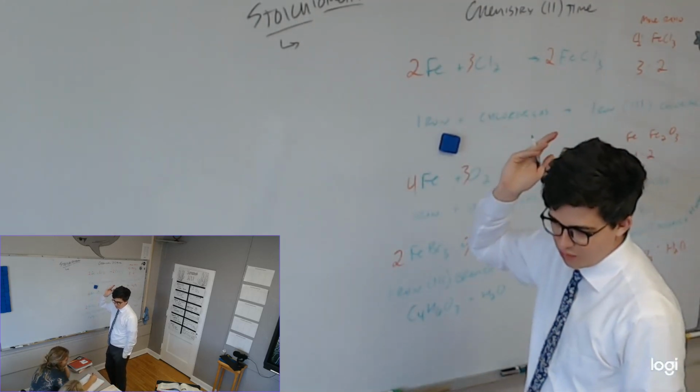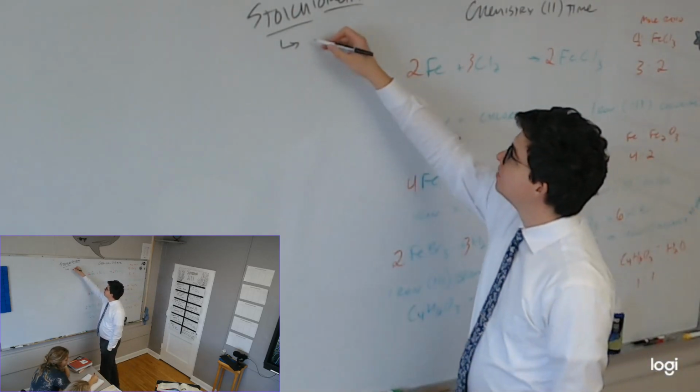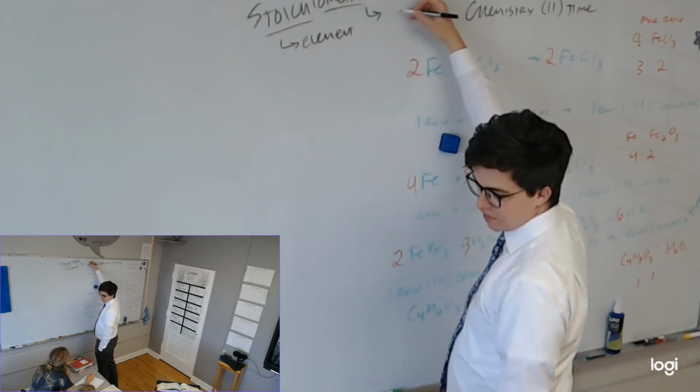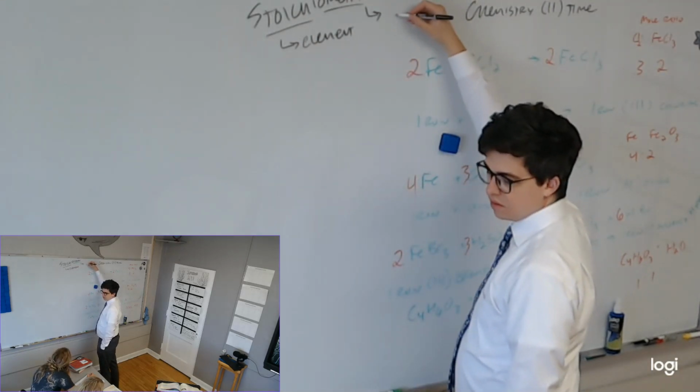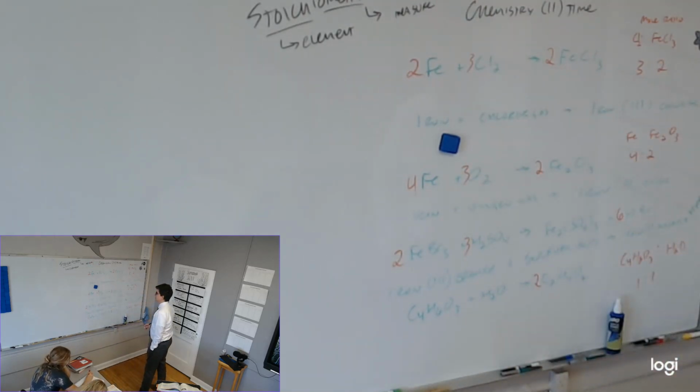You should know. You heard it the other day. Stoichios is element. And then metry obviously refers to measure. So we're talking about the measuring of elements within a chemical reaction.